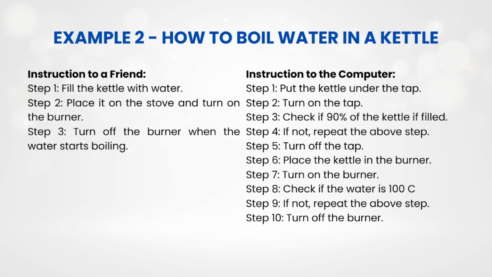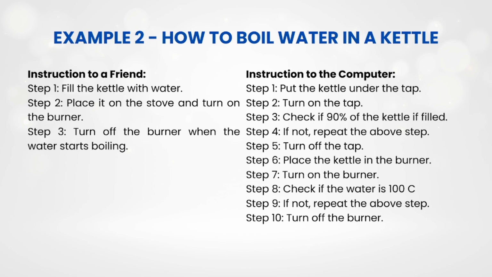Like this. Step 1, put the kettle under the tap. Step 2, turn on the tap. Step 3, check if the kettle is 90% full. Step 4, if not, repeat until it is. Step 5, turn off the tap. Step 6, place the kettle on the burner. Step 7, turn on the burner.